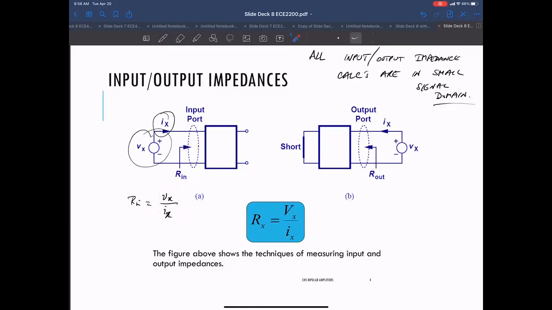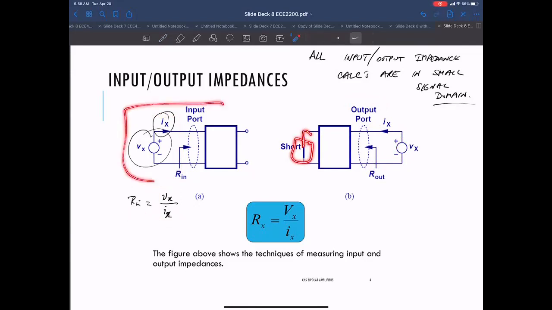Or when you analyze it, you have to plug this into your circuit. For the output port, you again put as perfect a voltage source on your output as you can, except this is just for the output port. For that, you would short the input port.